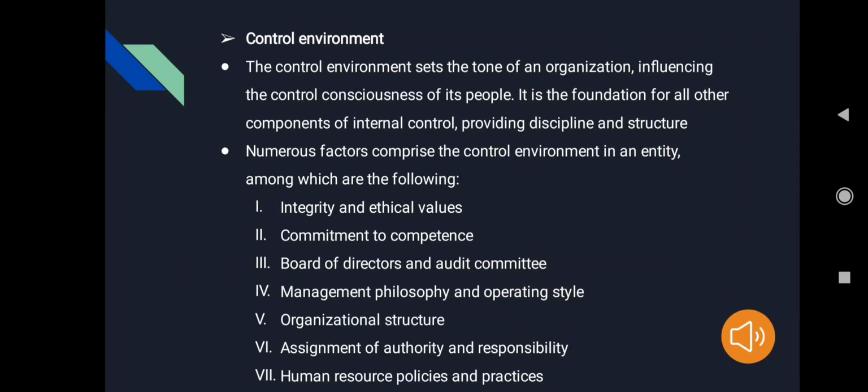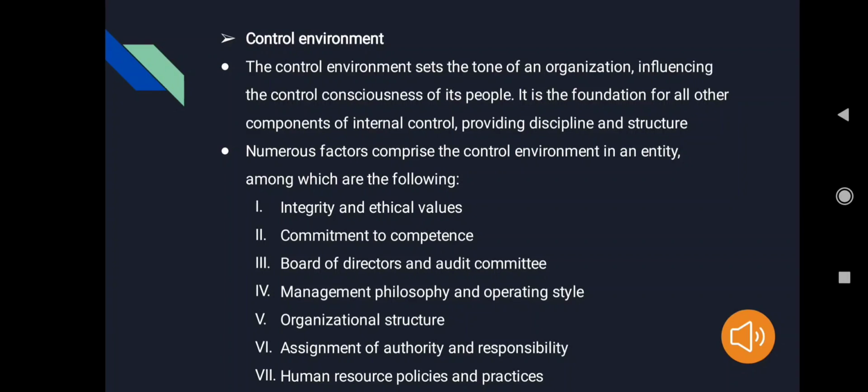The first point is the control environment. It sets the tone of an organization that influences the control consciousness of its people. It is the foundation for all other components of internal control, providing discipline and structure.